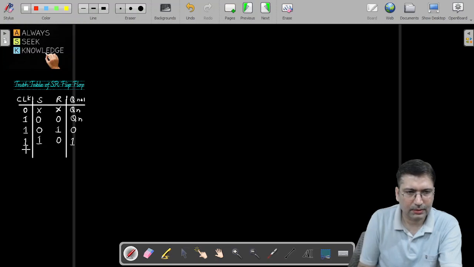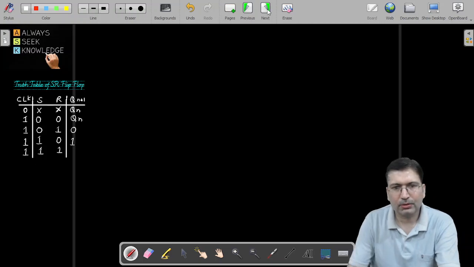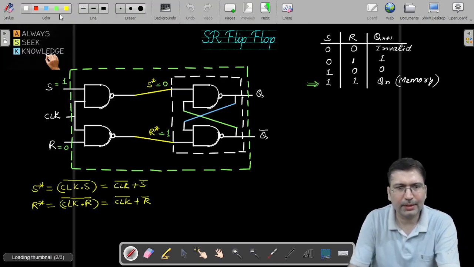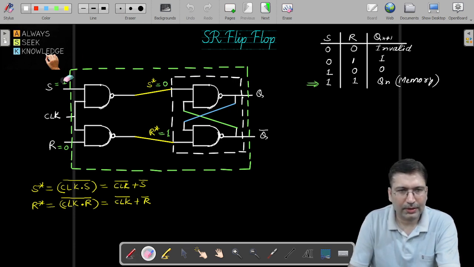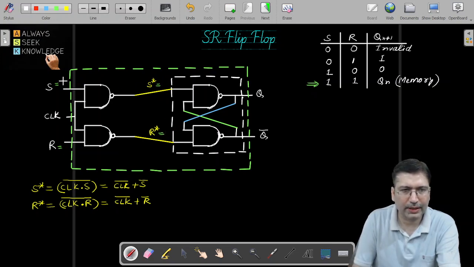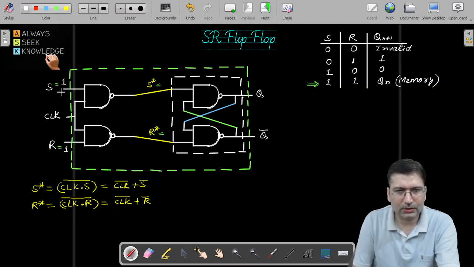Now the fourth case, when the clock is high and both the S and R pins are also high. Let's look at the circuit diagram. When S is high and R is also high, let's find out what the output will be. So S is 1, R is also 1. So when this is 1 and this is 1, S star will become 0, and when the clock is high and R is also 1, this will also give us 0.